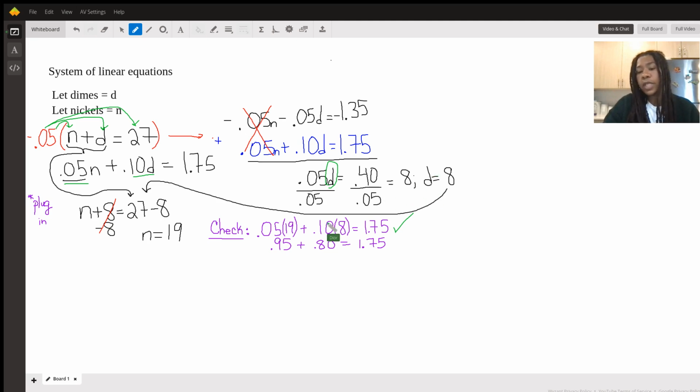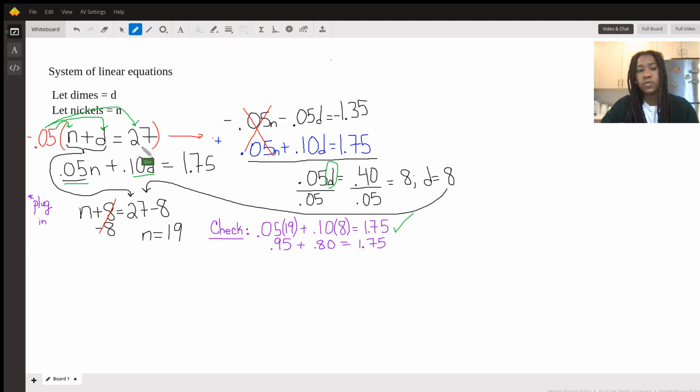So by knowing the value of dimes, we can plug it back in, that's what this arrow is. Sorry if it looks confusing, I just wanted to bring it back to the original equation. By knowing the value of D, we can now isolate to find N. The original equation, I just used the top one for simplicity, is N plus D equals 27.